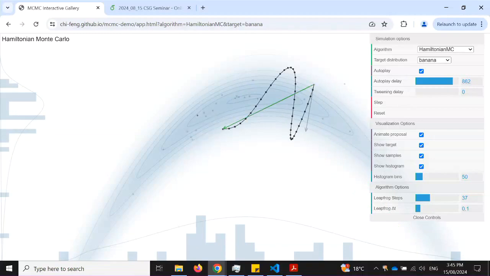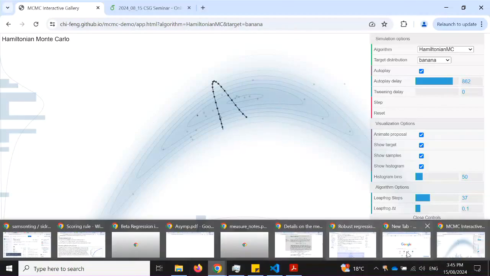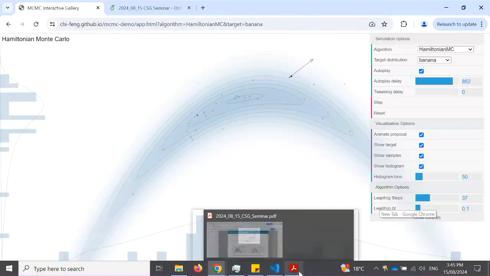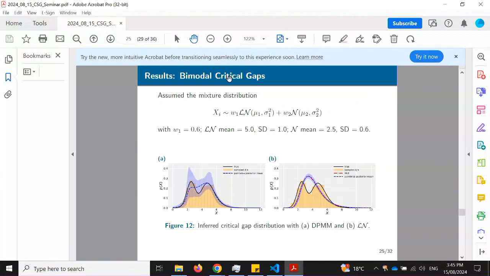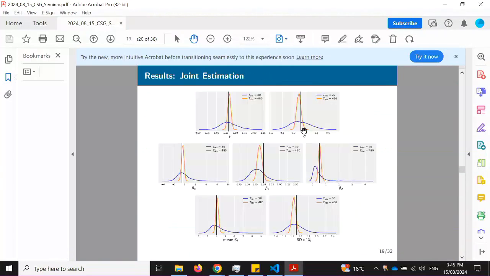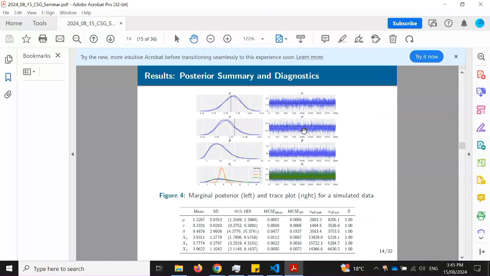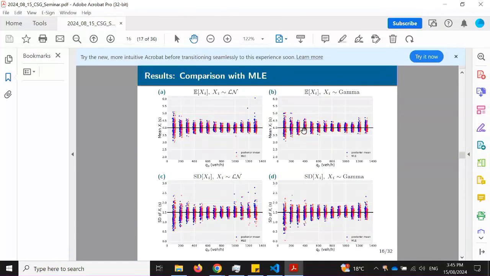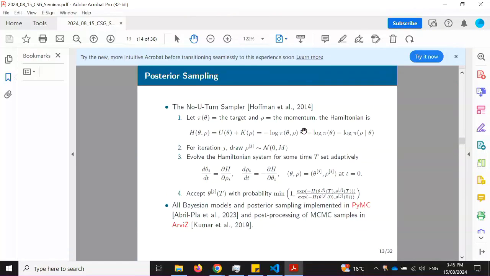Implicitly, what happens is, where's my slide? Yeah, so if you remember the Hamiltonian system, when you move along a trajectory, the Hamiltonian stays constant.